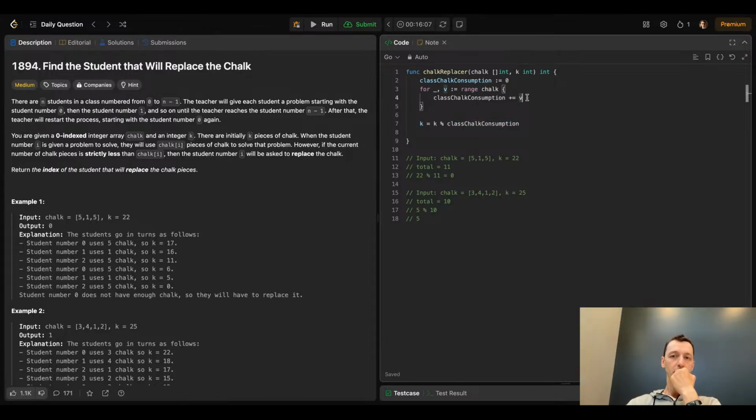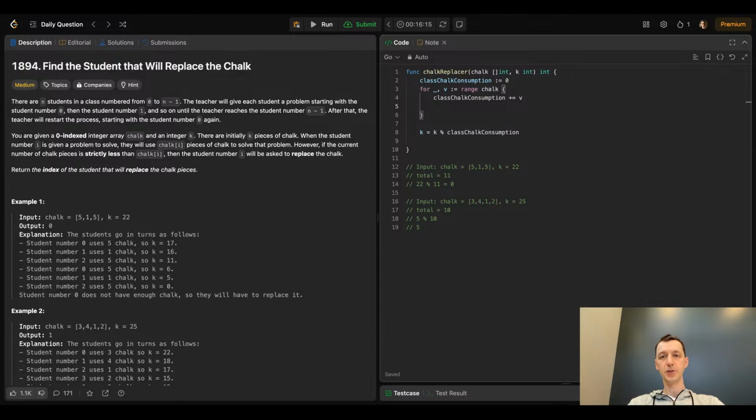We could do a check here if that thing is bigger than k already.